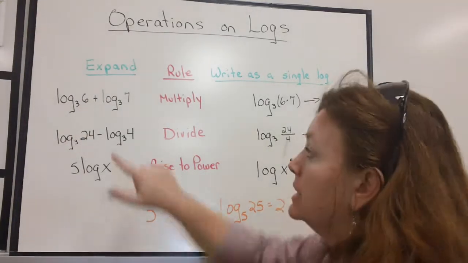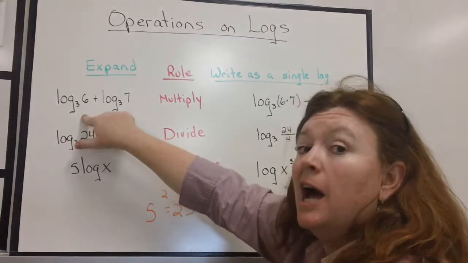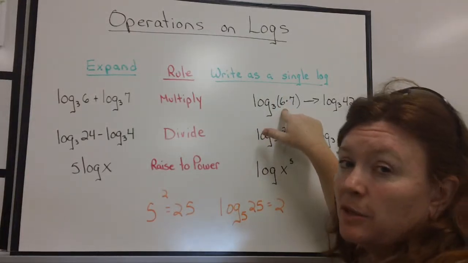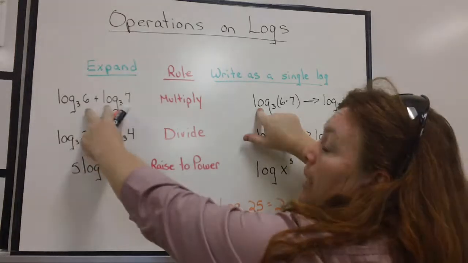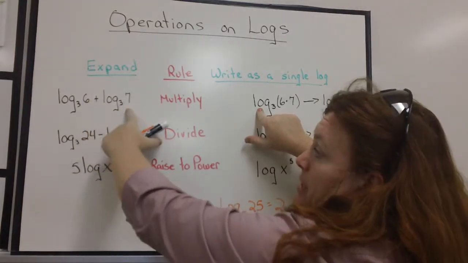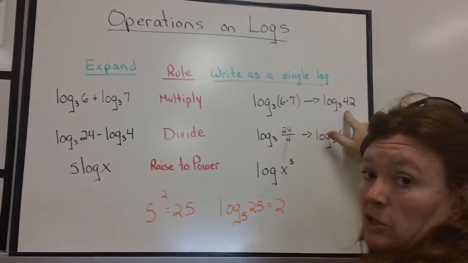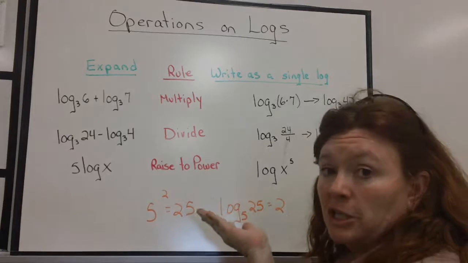So that means if my logs, or exponents, are being added, I must need to multiply. So those two go hand in hand. If I want to write it as one log and they're being added, I'm going to take the 6 and 7 and multiply them and get 42. So that would be the same thing as log base 3 of 42.